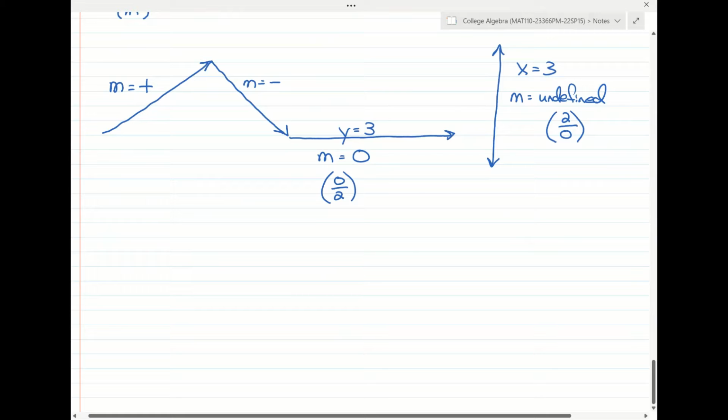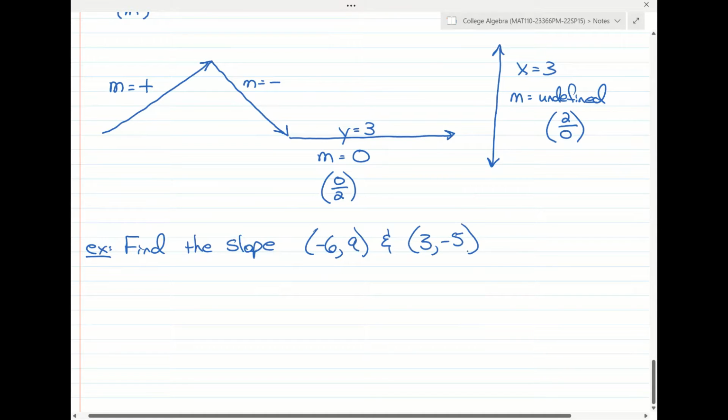So, a couple questions to find the slope. If I ask you to find the slope between (-6, 9) and (3, -5), just by using our slope formula.